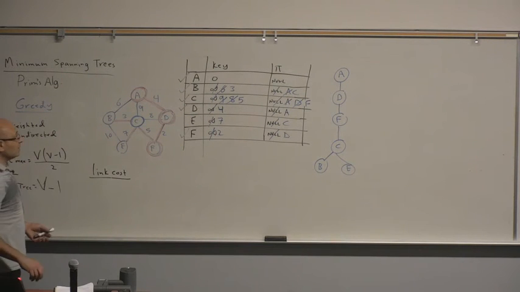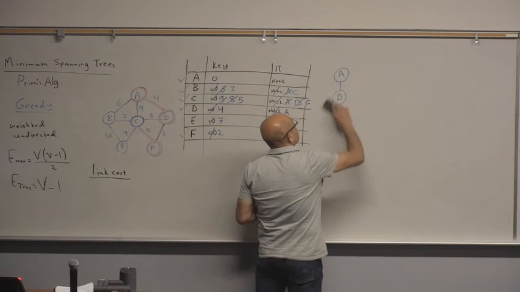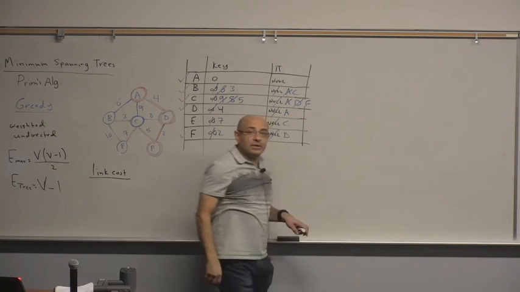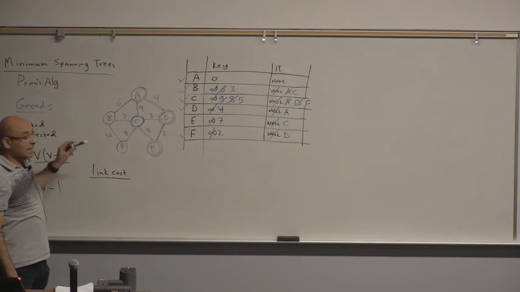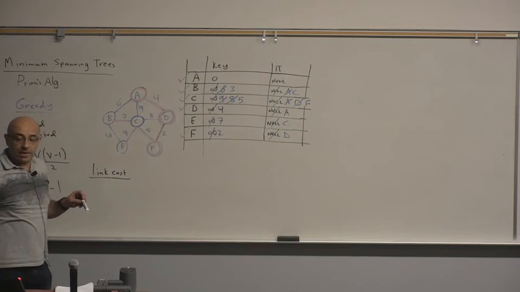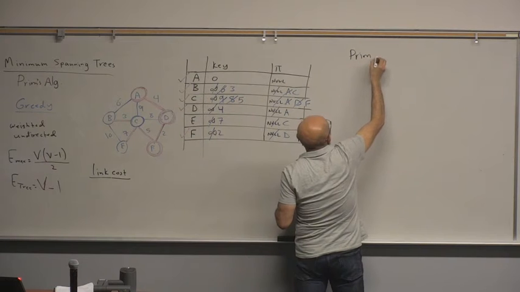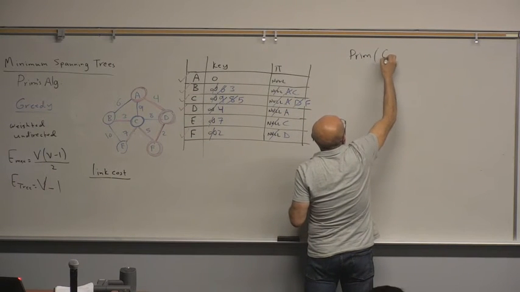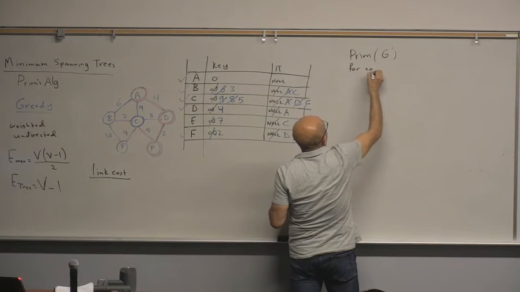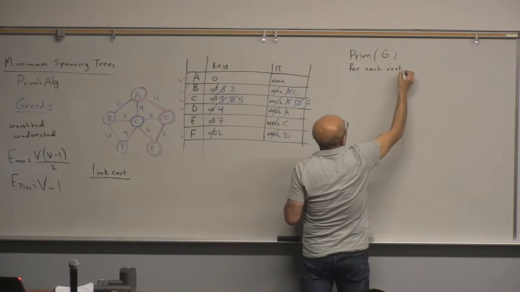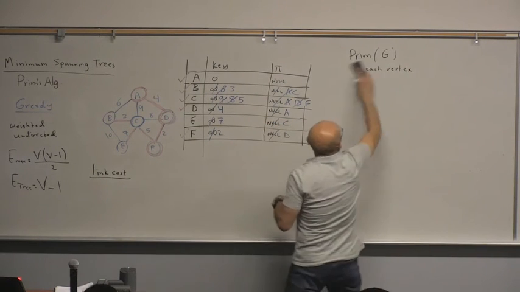So let's write the code. In fact, the code is very, very similar to Dijkstra's algorithm. The only difference is that we're talking about edge weights instead of talking about paths. So the Prim of G, first of all, let's first select the source.